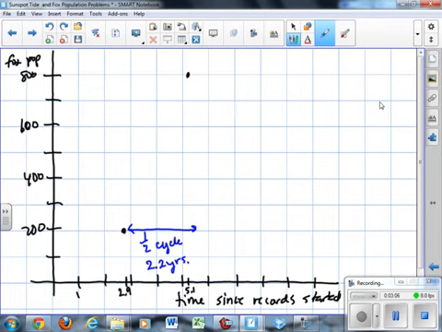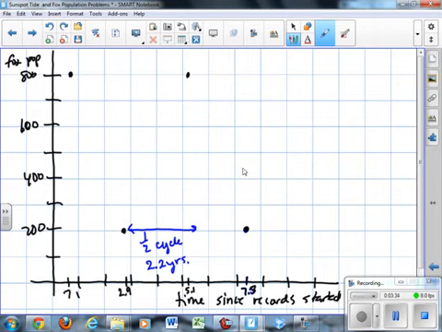Our next low point would be 2.2 more years. So if we add 2.2 to 5.1, we'd get 7.3, and we'd have our next low point. And if we went backwards towards the y-axis here, if we take 2.9 minus 2.2, we'd be at 0.7, and we'd have another high point.